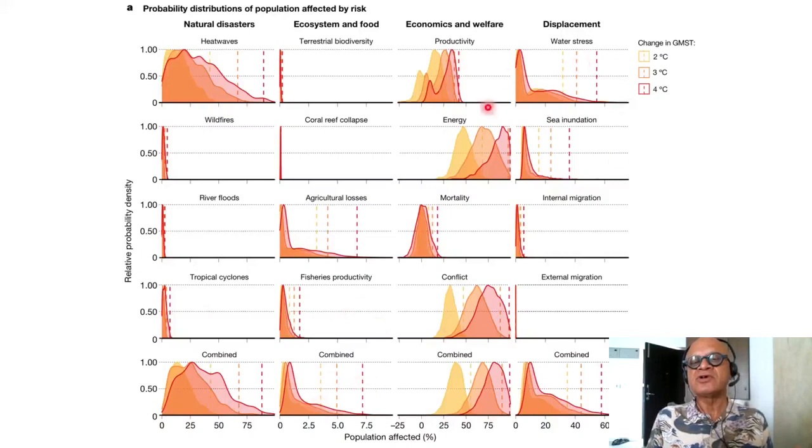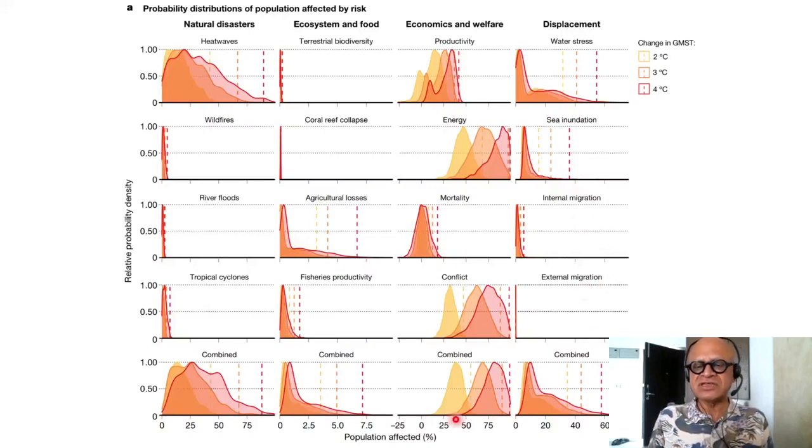And similarly here, combine the economics and welfare from productivity, energy, mortality, conflict to end up here. You can see here the 4-degree warming has a much higher percentage of population affected, and water displacement as well, when you combine sea level rise and sea inundation, internal migrations and external migrations.